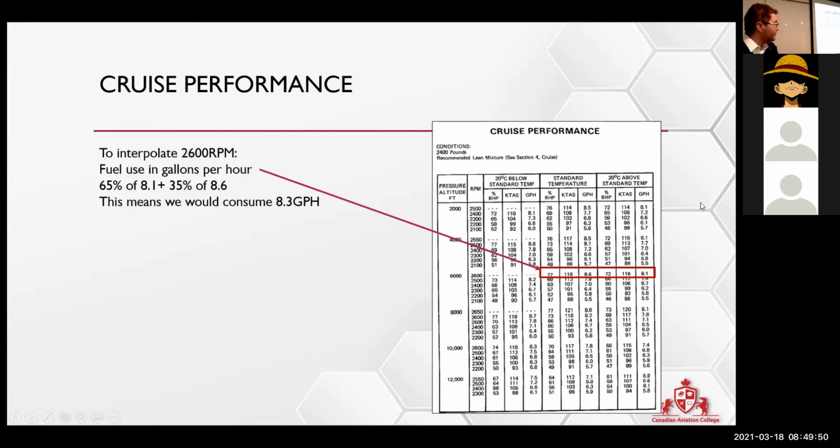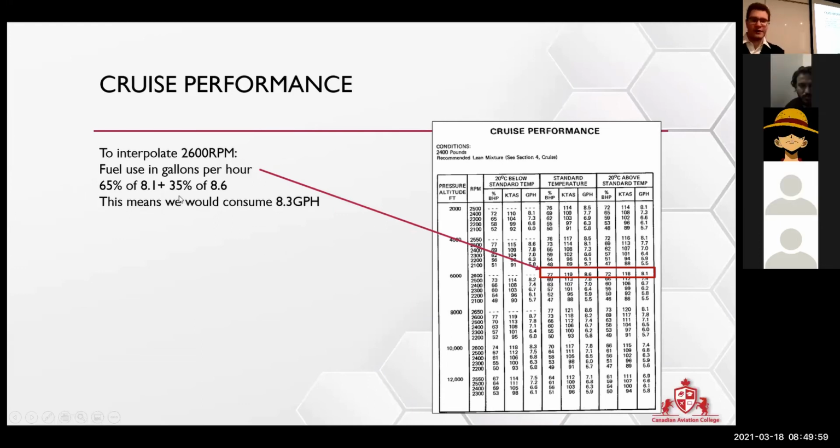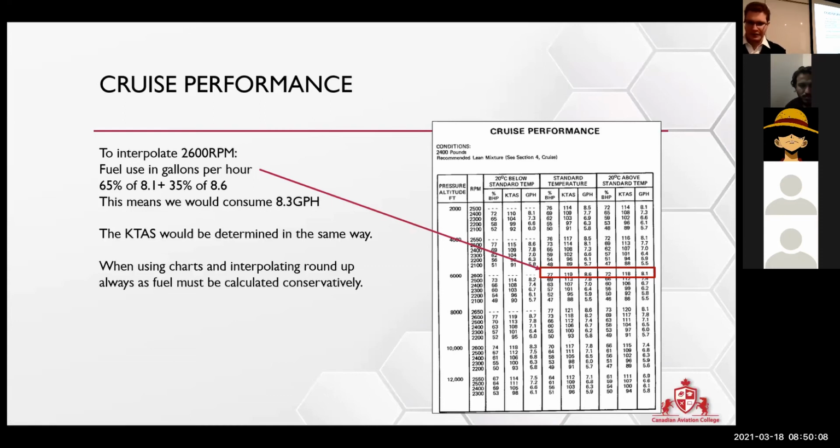If you have, for example, 8.6 and 9.1, what's in the middle there? No need to do 65%, 35%. That's all bullshit, okay? Notch would be determined the same way. And when using your wing charts to interpolate, always round up when it comes to fuel, because if you round up, you're always going to ensure you have enough.